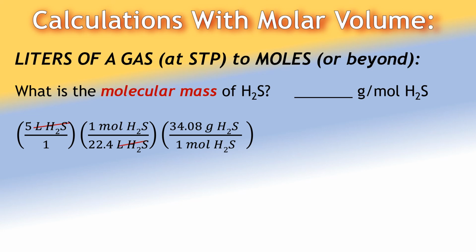The liters cancel. And then we use the equivalence of the mole, cancel that. And we have the molar mass of hydrogen sulfide there at the end, the grams on top. And so we multiply 5 times 34.08, divide the entire thing by 22.4, and we determine we have 7.6 grams of hydrogen sulfide gas.